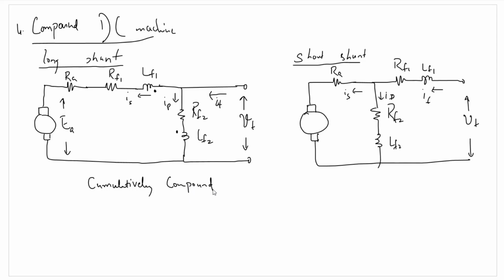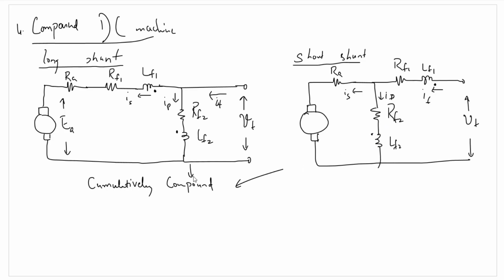The dot connection here simply represents that the current in both cases is flowing into the dot connection first. That means the magnetomotive force produced by both the windings will be positive. The summation of the magnetomotive force will add up. That's why it will be known as cumulatively compound. Now, this will be valid for both the cases, as well as if I am showing a dot connection here. So, this one will also be cumulatively compound.